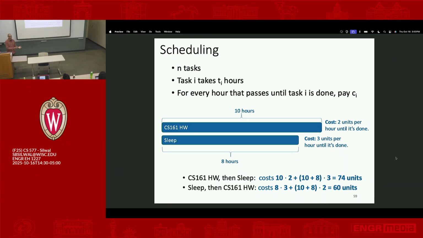That's the math part: we need to figure out the optimal way to do the tasks to minimize the cost that we pay. Any questions about how these numbers came to be? You can imagine there are many problems that can fit this mold. We just made something up, but many things can fit this mold.